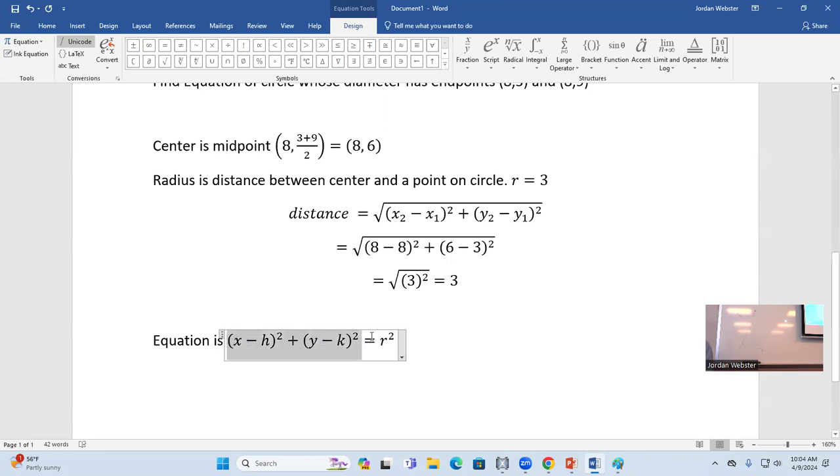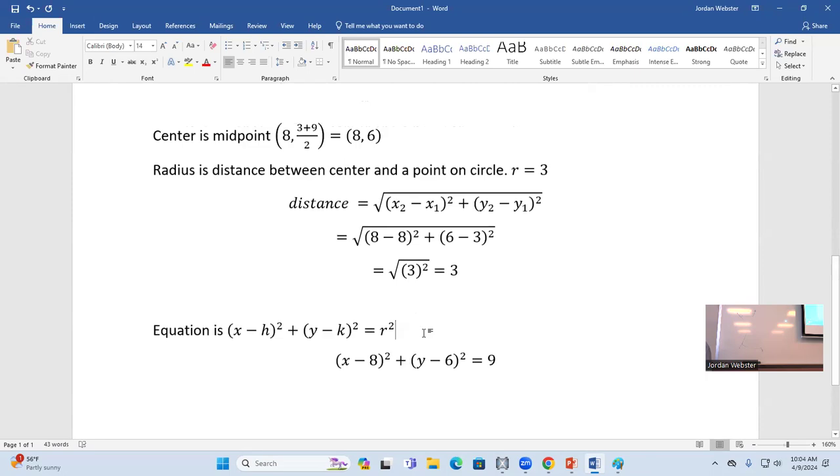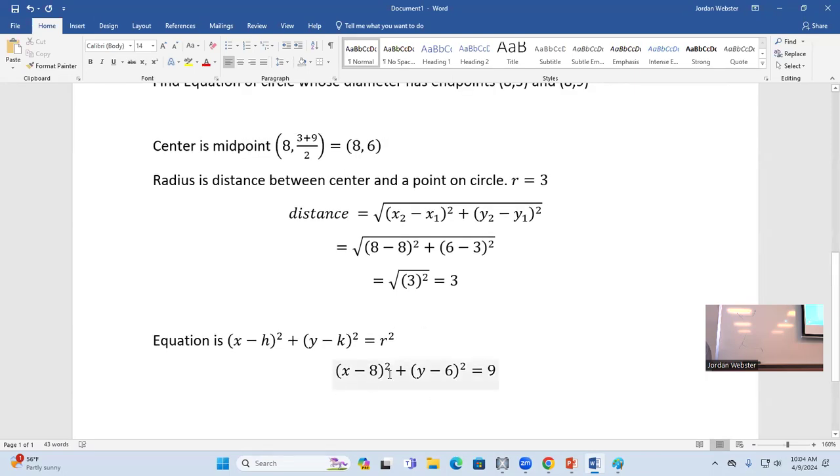Since the center is (h, k), replace the h with the number 8, replace the k with the number 6, and the radius is 3. 3 squared is 9. So the standard form of the equation for the circle is (x minus 8) squared plus (y minus 6) squared equals 9. That's our standard equation for that particular circle.